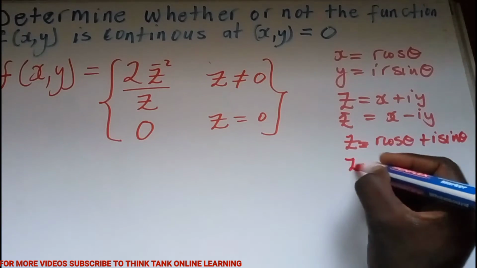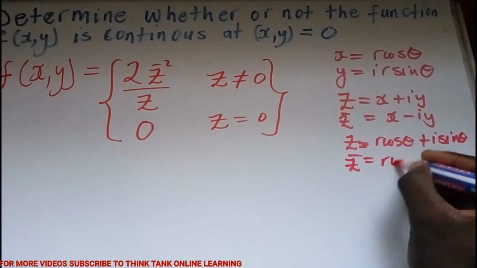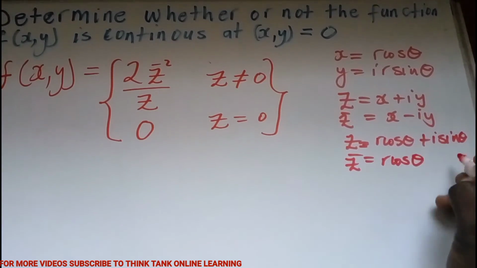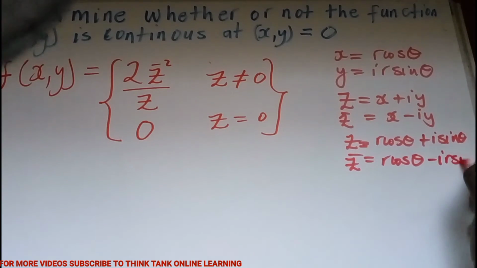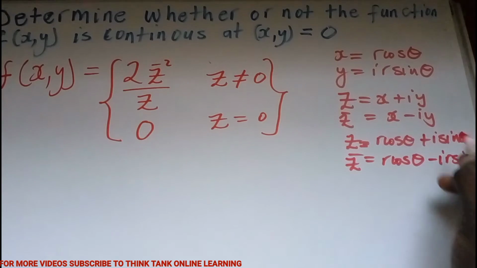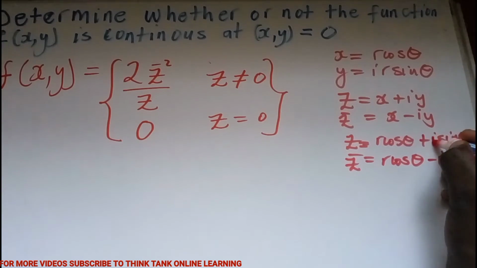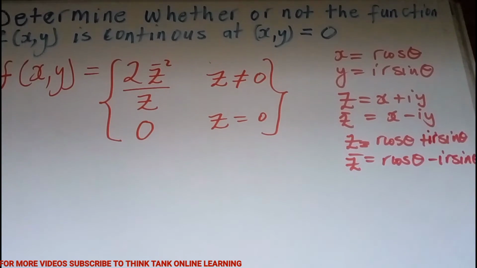So z conjugate is equal to r cos theta minus i r sine theta.